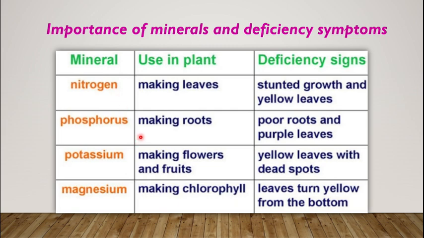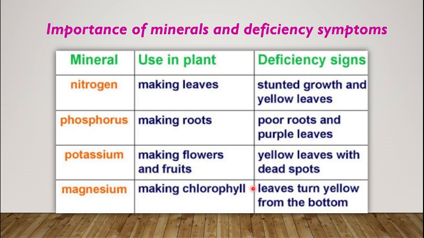Similarly, phosphorus is helpful in making the roots. If phosphorus is deficient, then there will be poor root growth and the leaves become purple. Potassium is required for making flowers and fruits. If it is not enough in the plant, then yellow leaves with dead spots appear on a plant.